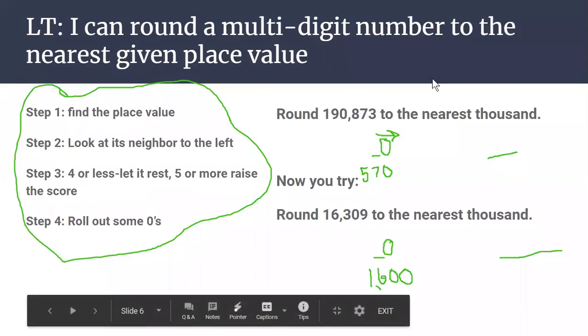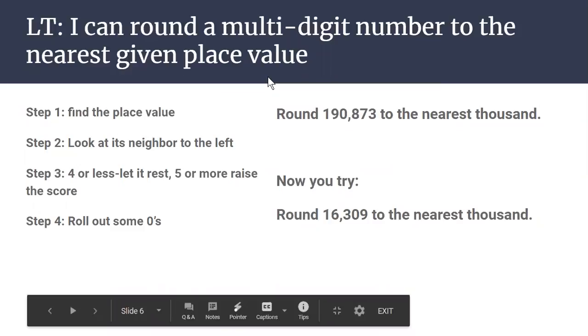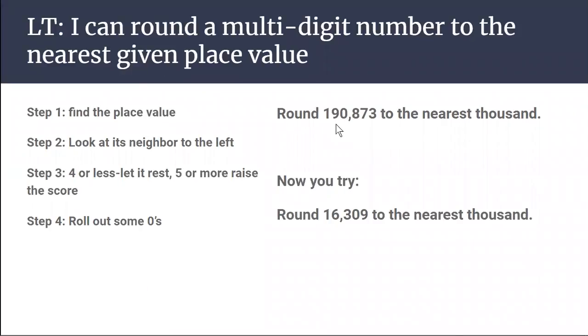I'm going to clear this. There we go. So same thing, okay? You're going to round 190,873 to the nearest 1,000, okay? So go ahead, do step 1 because I'm confident that you guys can do step 1 by yourself.